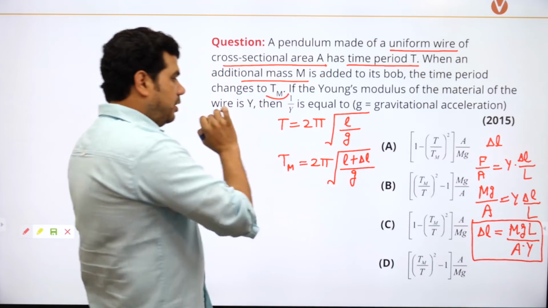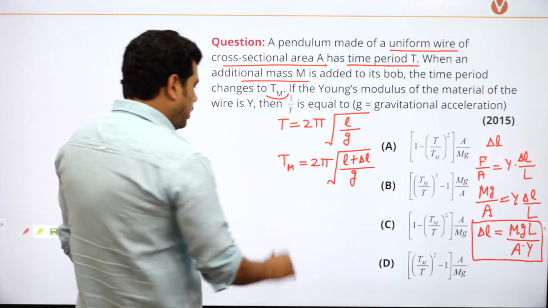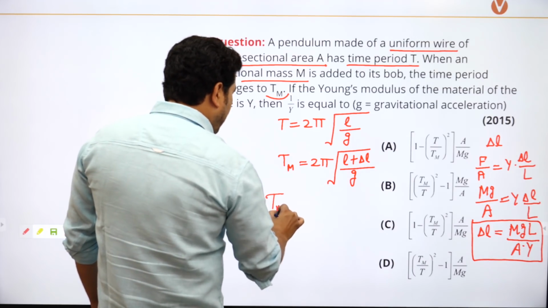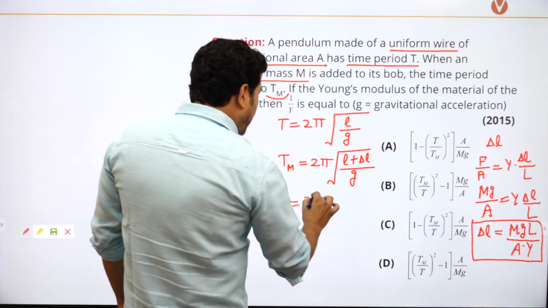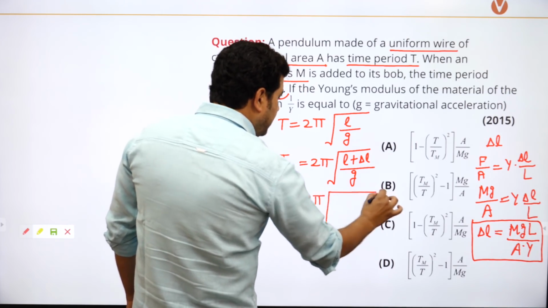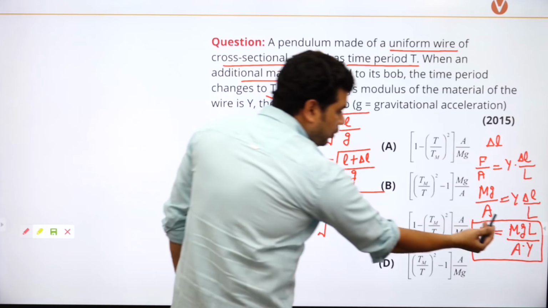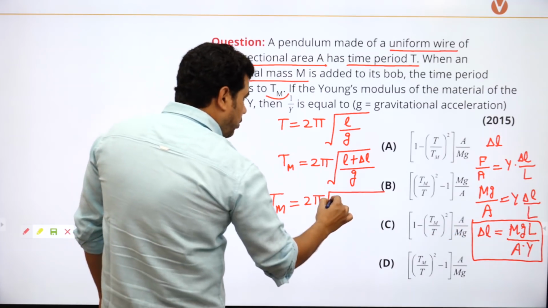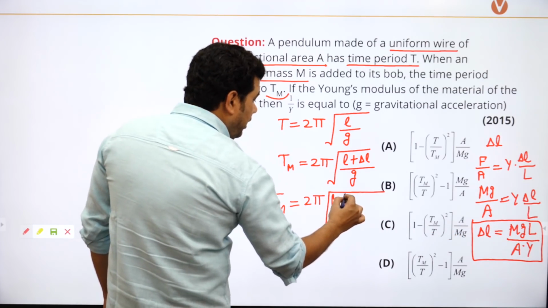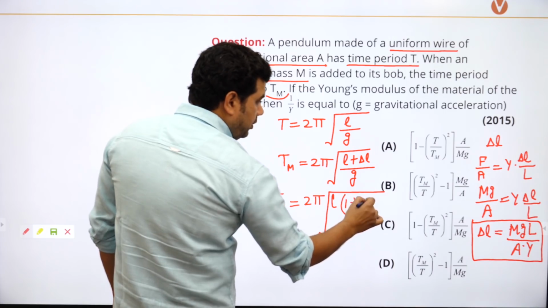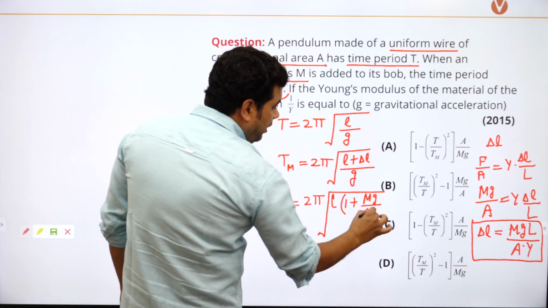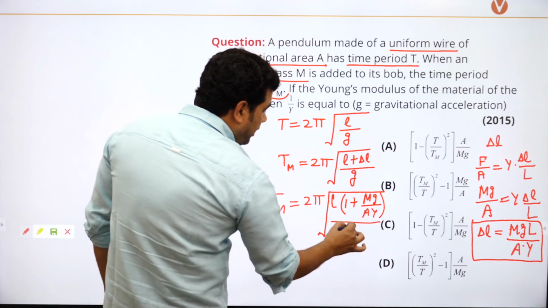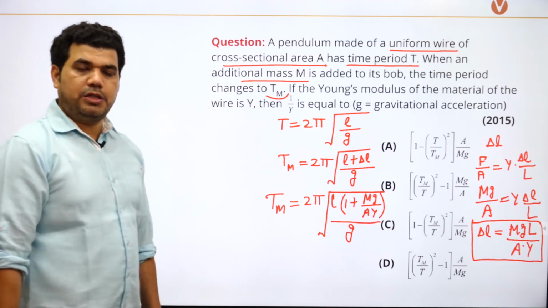So if we put that delta L here, the Tm that you have, Tm is equal to 2 pi, okay, under root of L. When we put it here, L will be common, we can say L times 1 plus mg divided by A Y, and divided by G. I think you are getting all this.